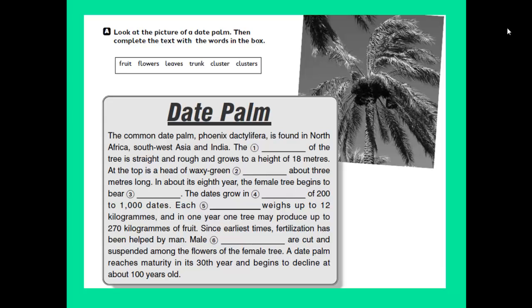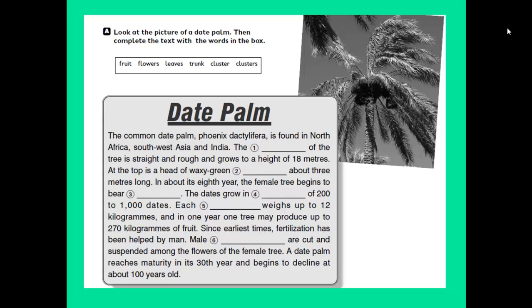The common date palm, Phoenix dactylifera, is found in North Africa, Southwest Asia, and India. The trunk, the first space is trunk. The trunk of the tree is straight and rough and grows to a height of 18 meters.